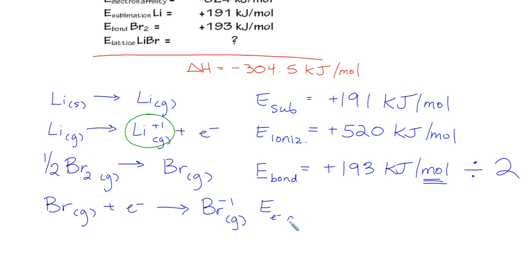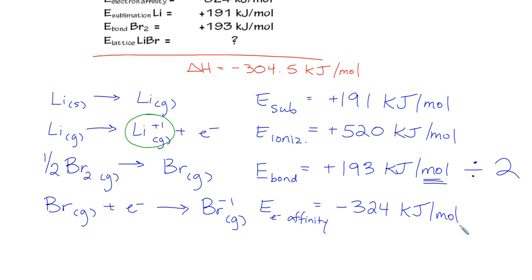This is the first time where you actually see an exothermic value. Negative 324 kilojoules per mole. Energy is released when we form that stable bromine ion.